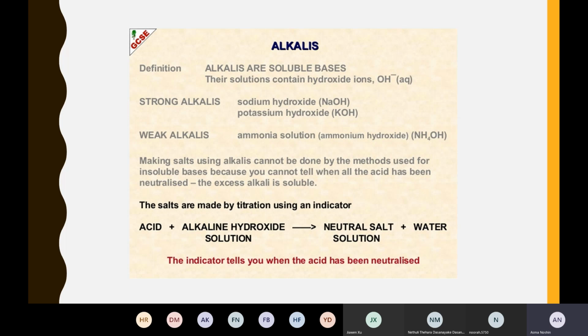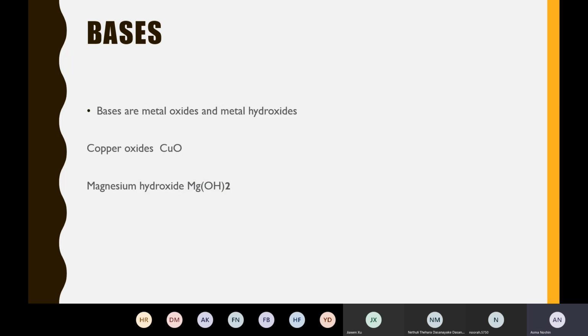Remember one thing. Metal oxide or metal hydroxide, yes, they are considered as bases, but metal oxides do not dissolve in water. Remember this. Metal oxides, yes, they are bases, but they do not dissolve in water. You can write this point also.